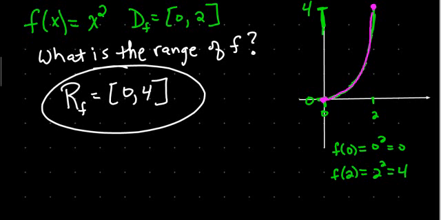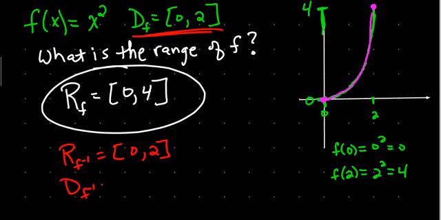So I immediately know, just from here, without doing any work, that the range of f inverse equals the domain of f, 0 to 2, and the domain of f inverse equals the range of f, which is 0 to 4. That is, the inverse function takes the outputs and sends them back to their original inputs. Okay? And that's going to conclude this video on inverse functions.